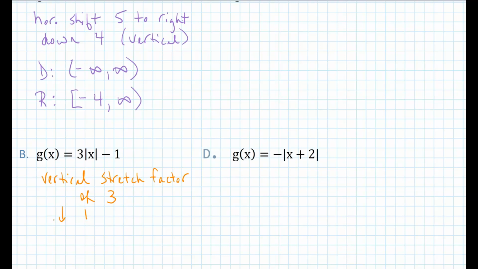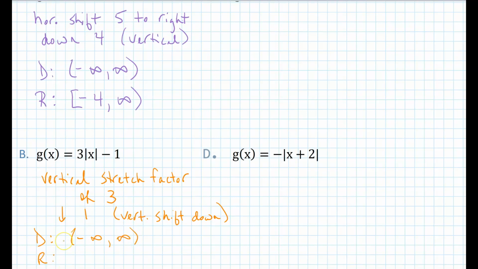Yeah, it's a vertical shift. So down 1, a vertical shift down. Is the domain affected when we do these? No. So the domain remains negative infinity to positive infinity.